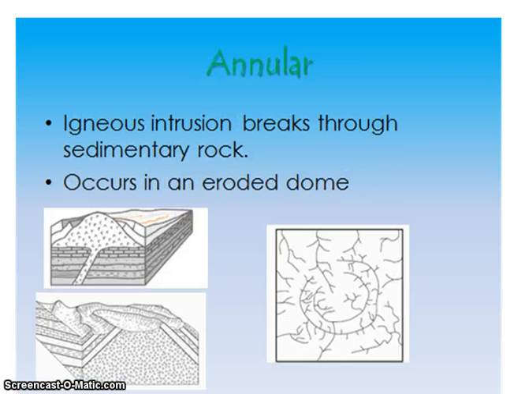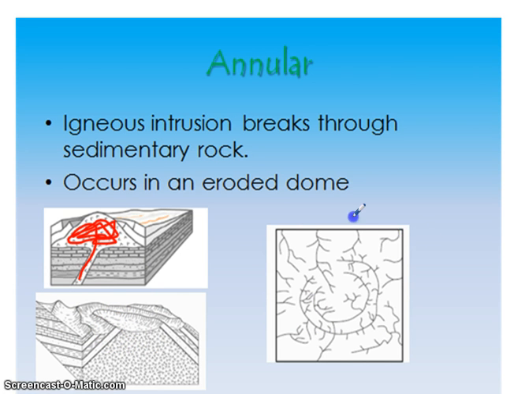The last one is called annular. If we had an igneous intrusion breaking through sedimentary rock, right here, this is your igneous intrusion, if you remember those symbols from our rock unit. Everything I colored in red there is our igneous intrusion. The sedimentary rock is off to the side here. So this sedimentary rock was broken down, your intrusion breaks through, and you're left with these circular shapes on top.